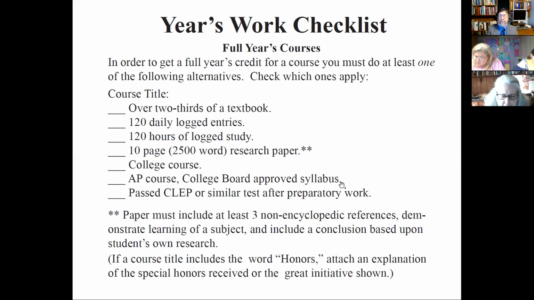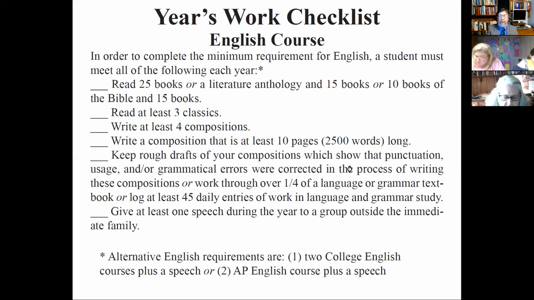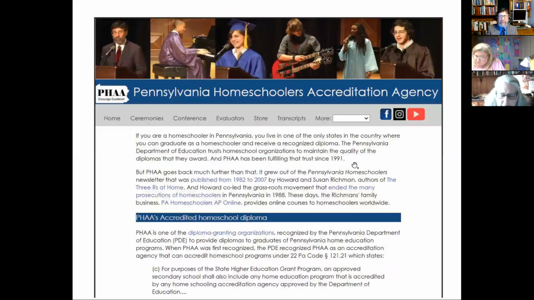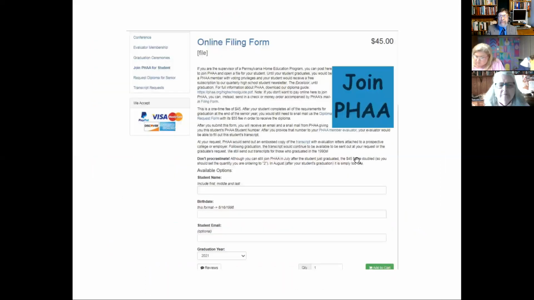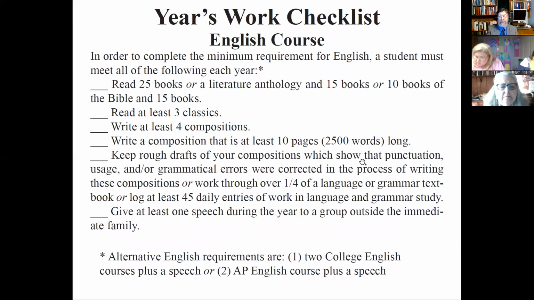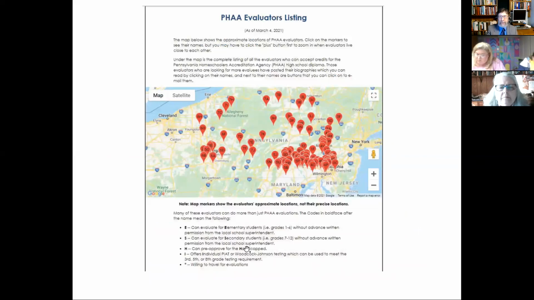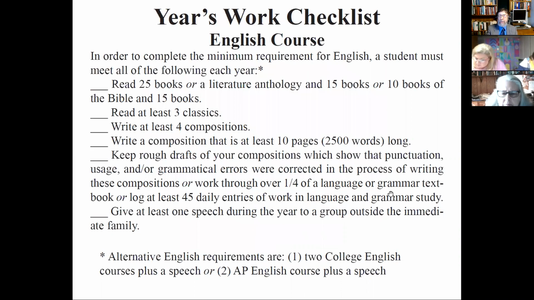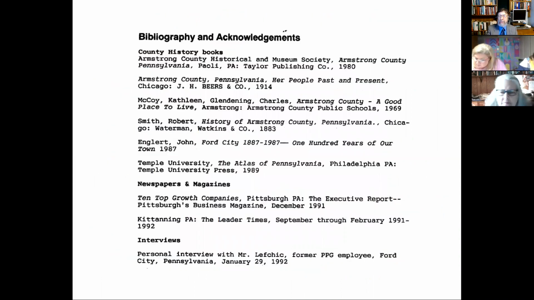If you go back to the evaluators listing, if I can find it here, there it is. H, can pre-approve for the handicapped. That means that that person can okay your objectives as meeting the specific needs of the handicapped child. So that's all taken care of by the Pennsylvania law.